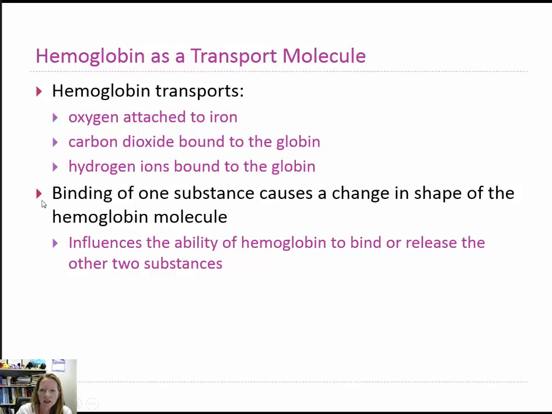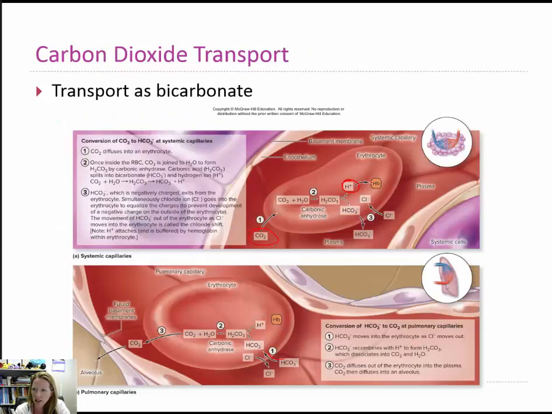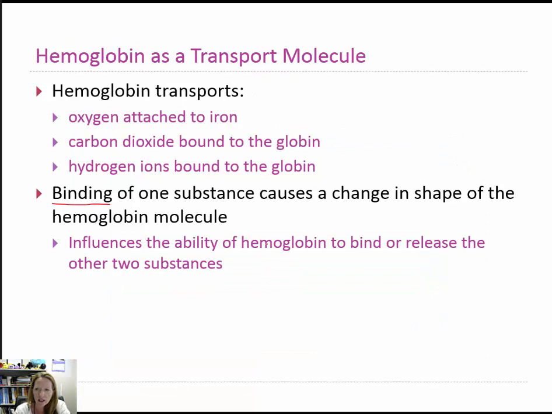So anytime that one or more of these substances binds or releases, whether it binds to the globin or what we saw with hydrogen ions here, see it's binding here and it's releasing there, it actually causes a change of shape in the hemoglobin molecule.